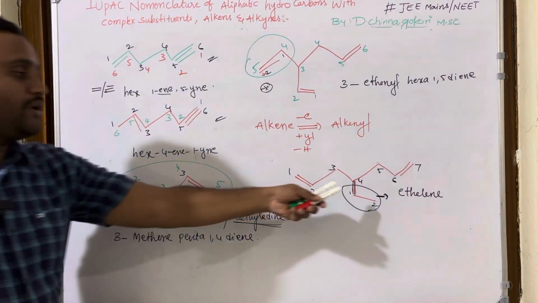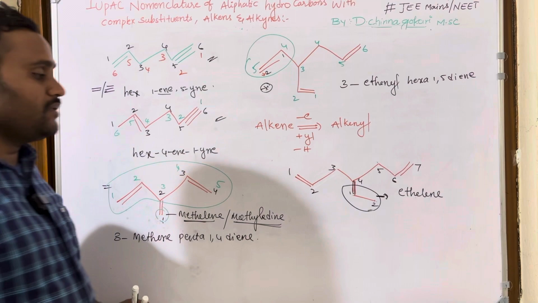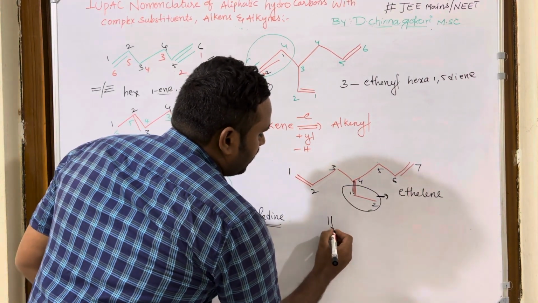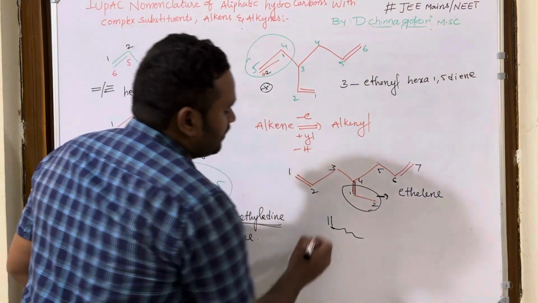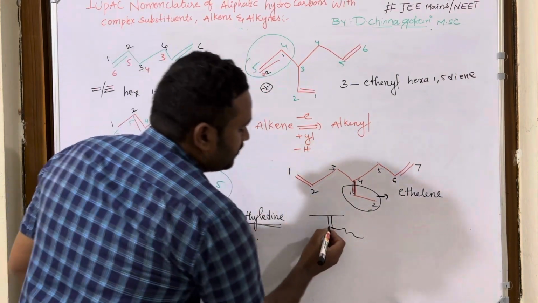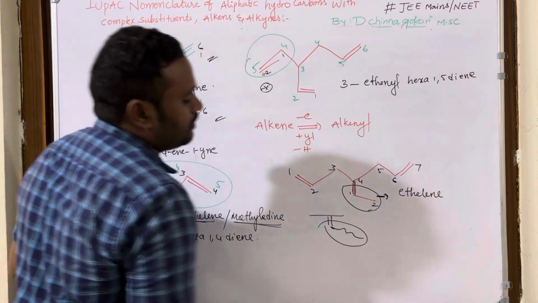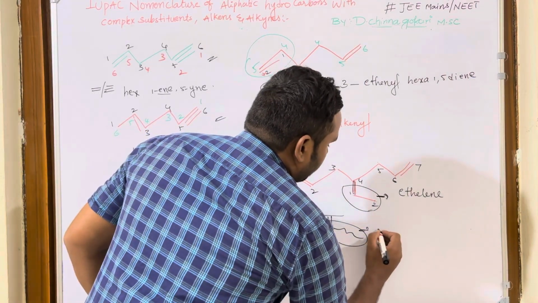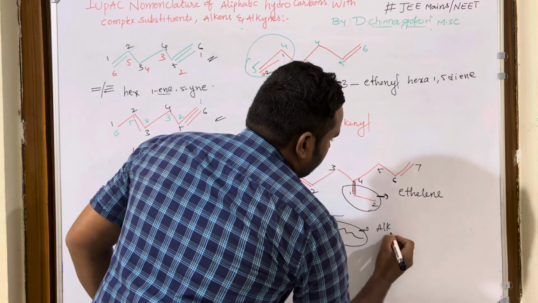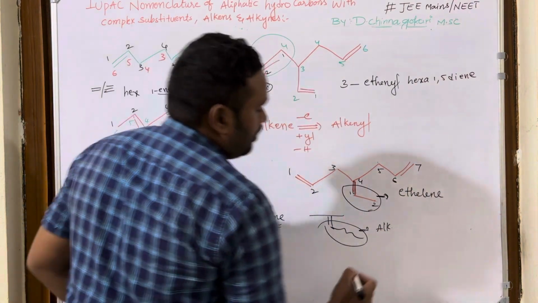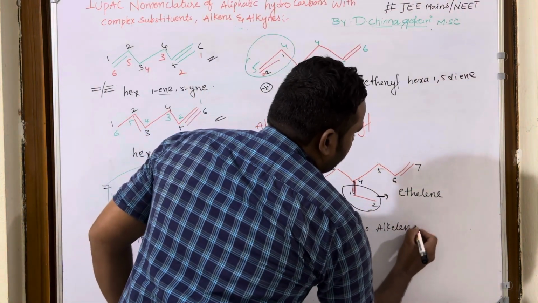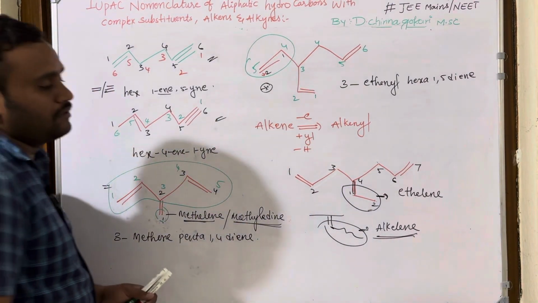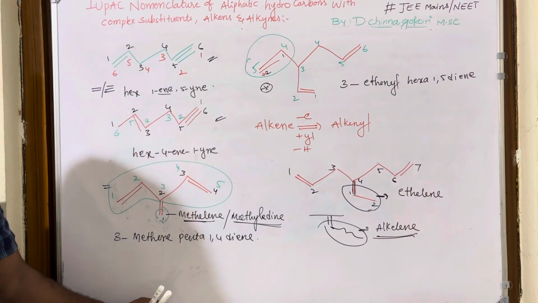The name of the substituent is ethenyl. It means if this double bond is directly attached and x number of carbon atoms are there, the name of this substituent is alkenyl, which is alkyl with a double bond. So now simply we can give the name of this compound.